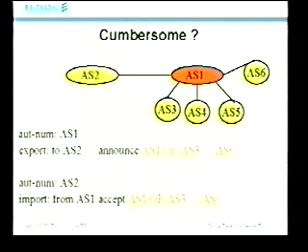But anyway, this is just a diagram, and what we're saying is aut-num object AS1, export to AS2, announce AS1 or AS3, blah, blah, blah, AS6, logical operator, and aut-num AS2, import from AS1, except AS1 or AS3, dot, dot, dot, AS6. Now this could get a little bit complicated. This mightn't scale. And remember, these AS numbers refer to the routes originated by these ASs.